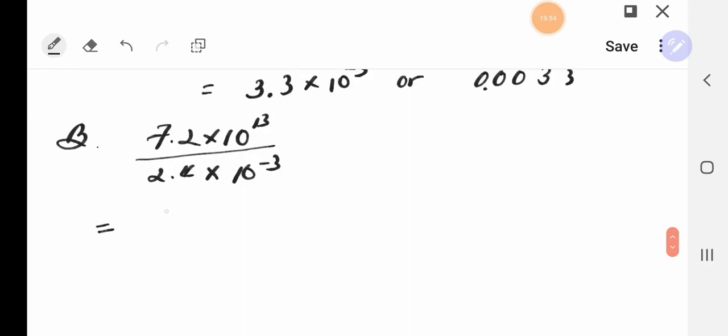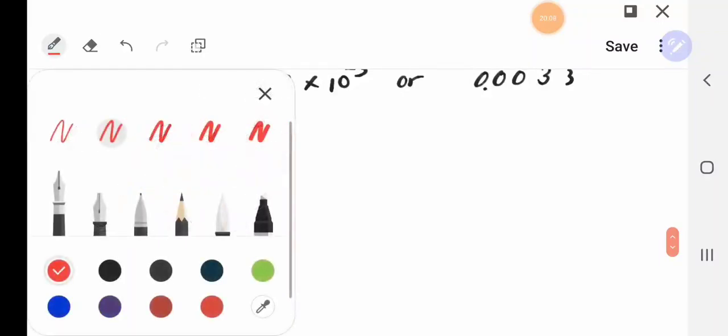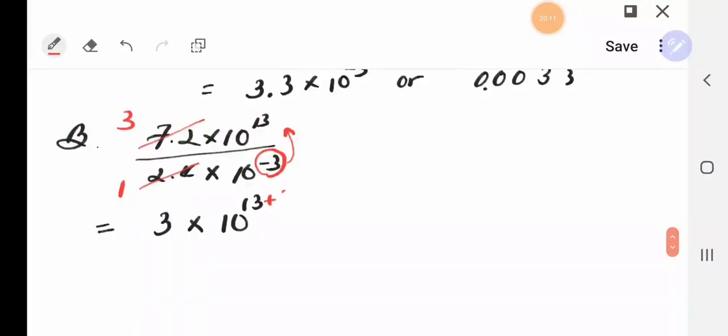So this will be 3 multiplied by 10 to the 13th power, and then the exponent. Let me cross this out. Since this is negative 3, move this one up. Then there will be 13 plus 3. So this is equal to 3 times 10 to the 16th power. This number is really large, so let's leave it as it is.